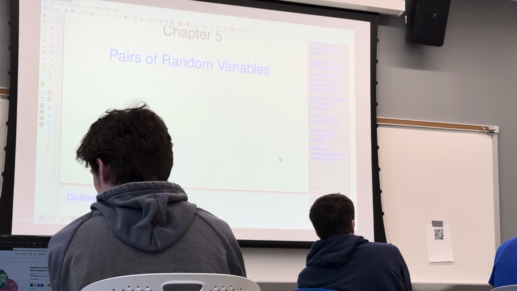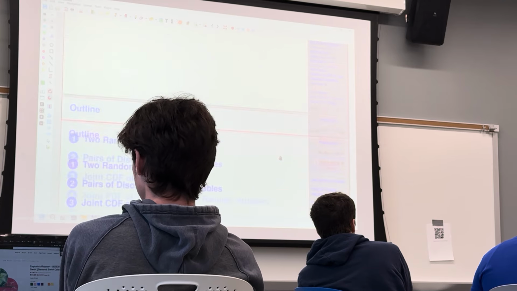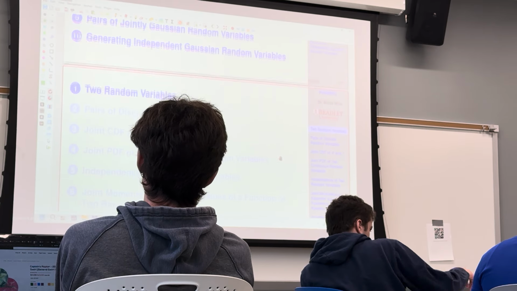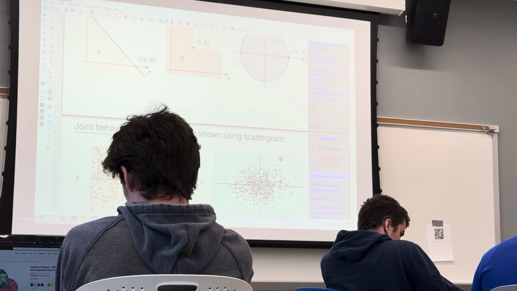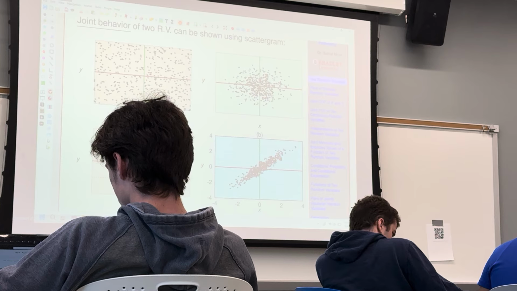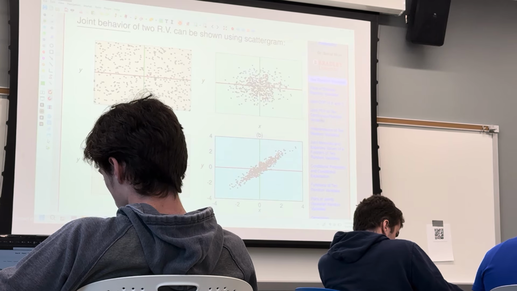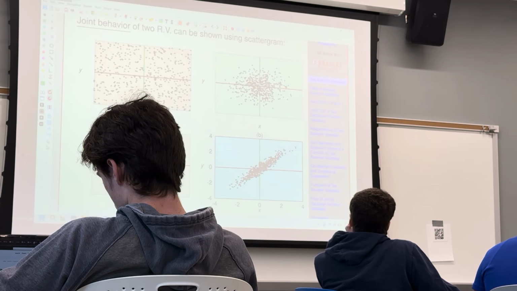Now chapter 5. So chapter 5, we went through two random variables, but the most important topic that I'm going to go through is, do you see the joint PDF of two continuous random variables and joint CDF of X and Y?